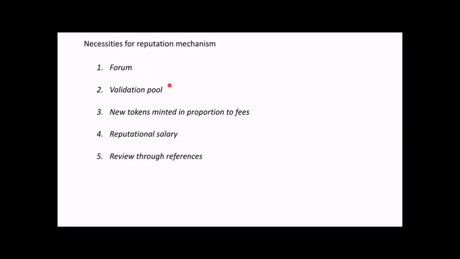The validation pool is a necessary thing because how else can you govern? How else can you police things except democratically? Basically, you want to vote on things, and you need to vote on a weighted democracy. So it's not a flat democracy. It's not a one person, one vote situation.